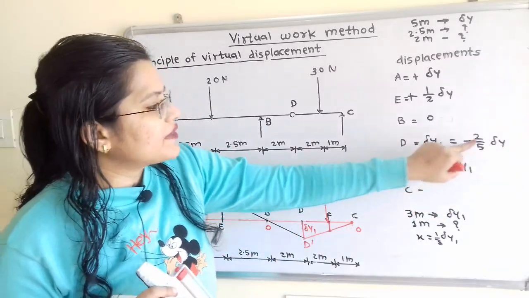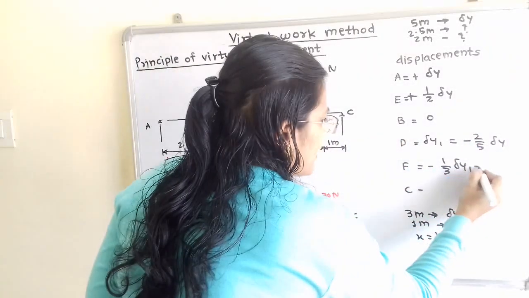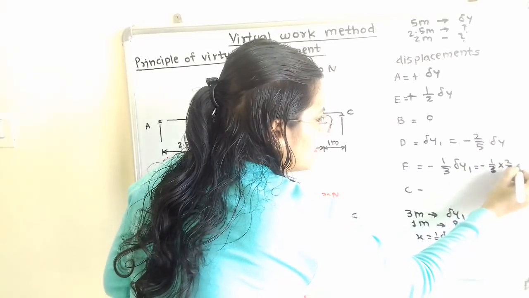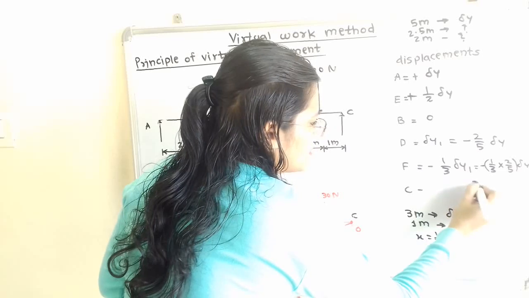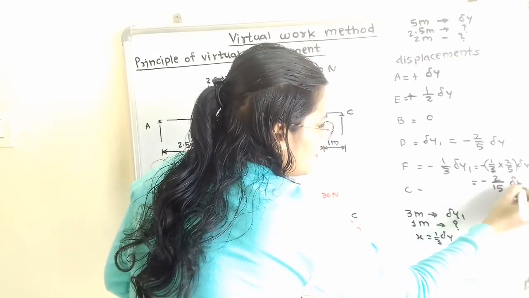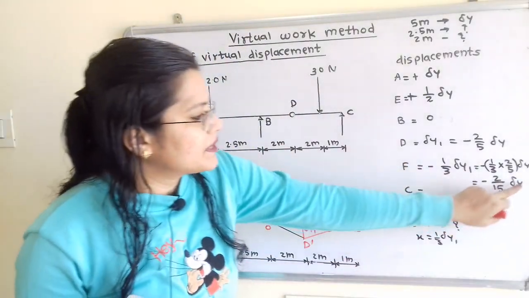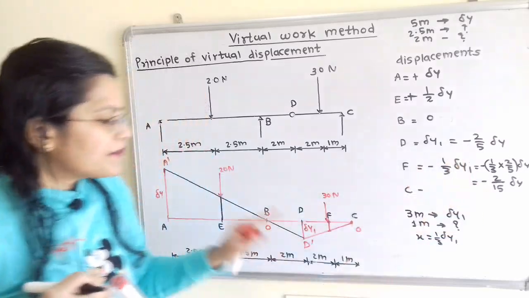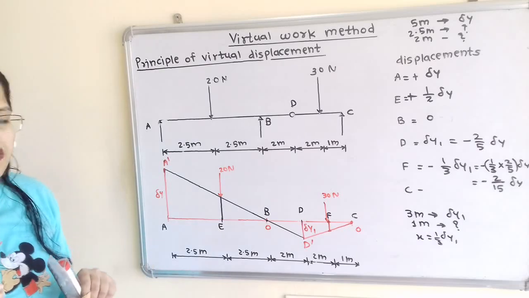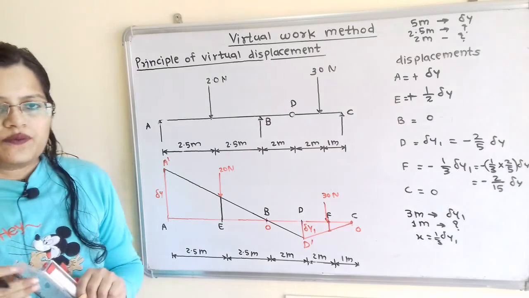So here delta y1 is equal to 2 by 5 delta y. So instead of delta y1, I will write here minus sign as it is, 1 by 3 into 2 by 5 delta y. So we can simplify this. So it is equal to minus 2 by 15 delta y. So displacement at point F we can take here minus 2 by 15 delta y. So negative sign because the displacement is in the downward direction from the original position. And at point C, displacement is equal to 0.